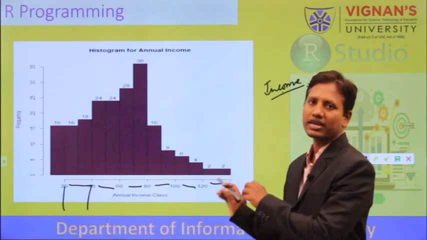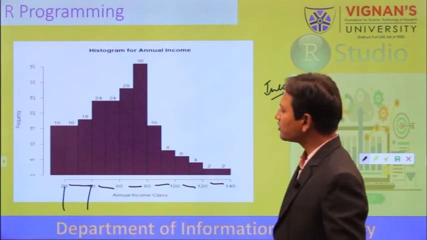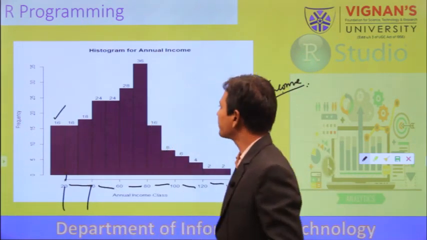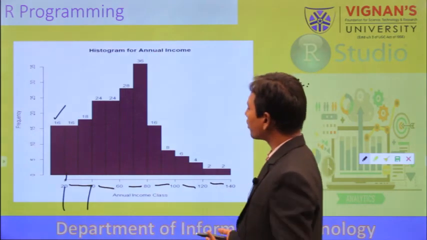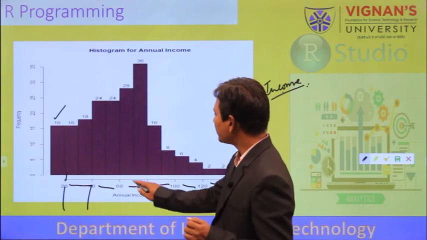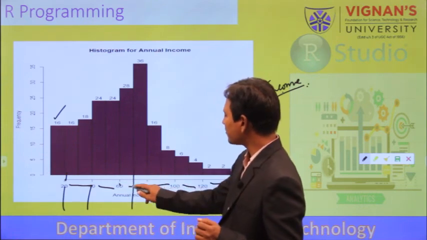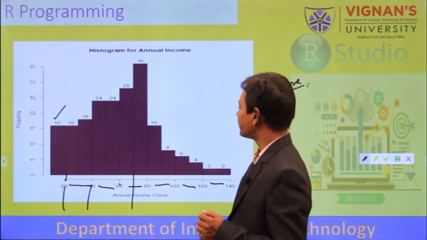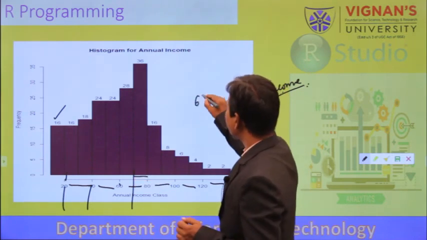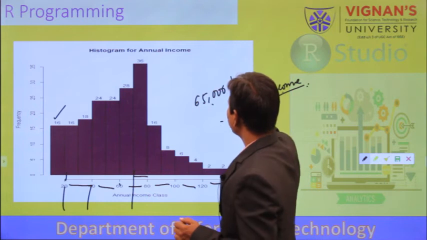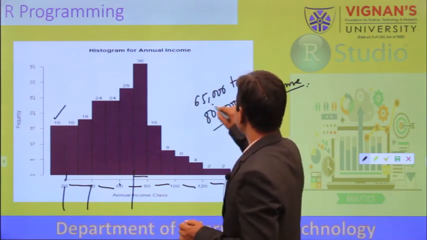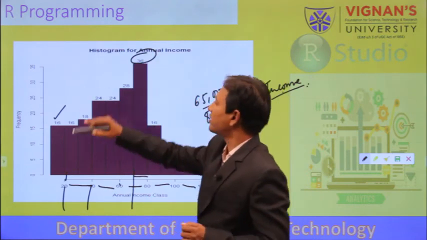This is the bucket. If you observe, below 20,000 there are 16 people, and more people fall in the buckets 60 to 65 and 65 to 80,000. In 65,000 to 80,000, 36 people are there.